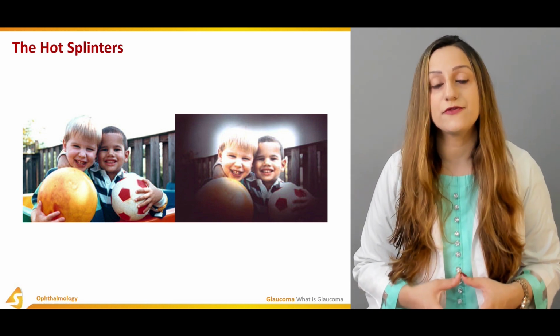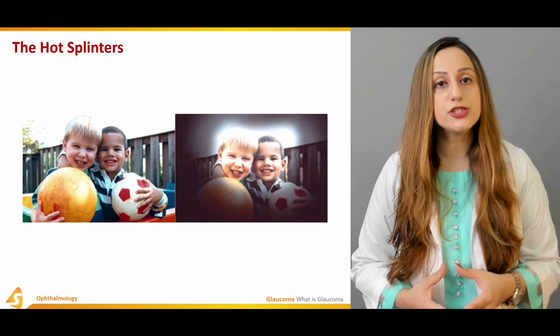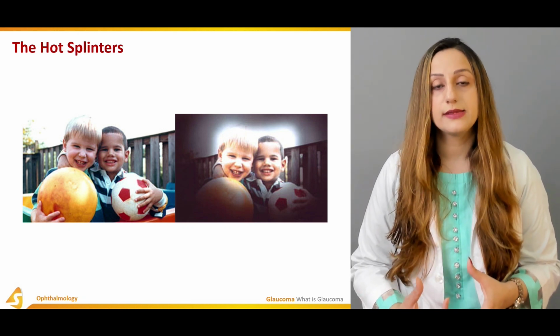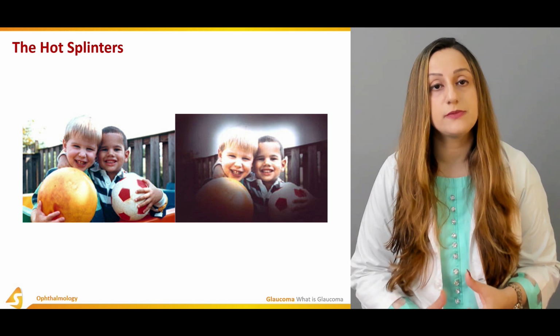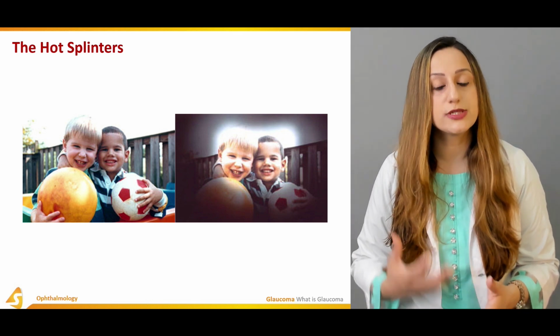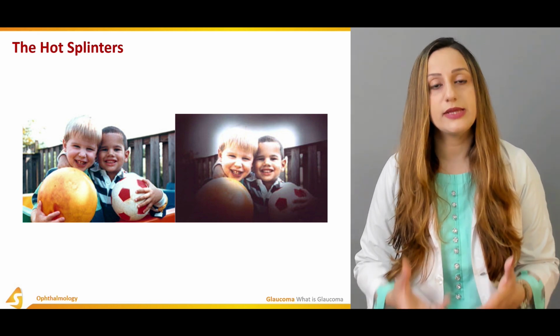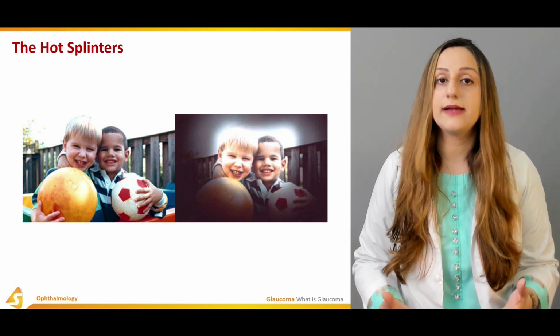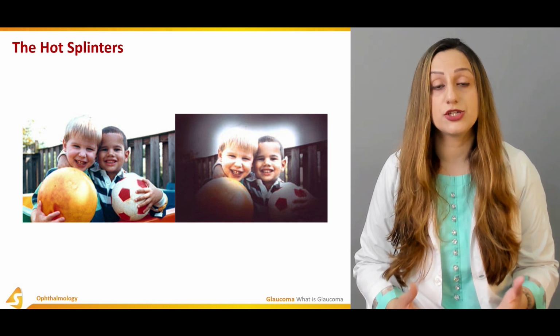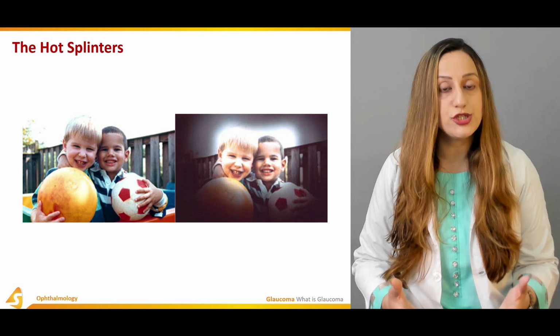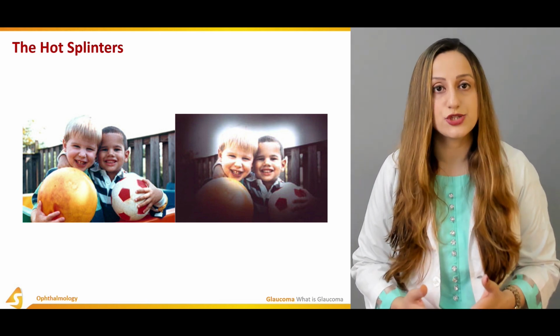Why is this name given to them? It's usually due to the hotness or the rubor that is caused by the inflammation, by the rise in the intraocular pressure in the vitreous chamber. So that is why in layman's terminology, the term hot splinters is usually used to describe the glaucomatous condition.